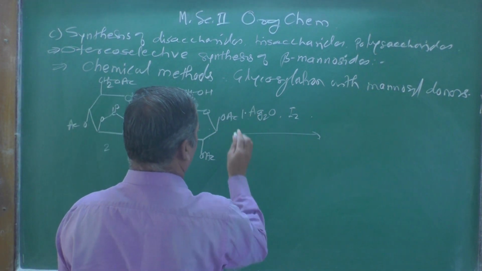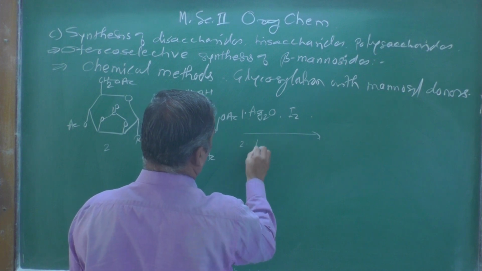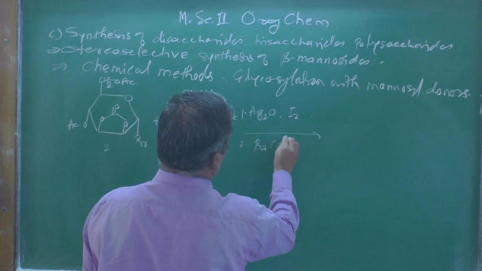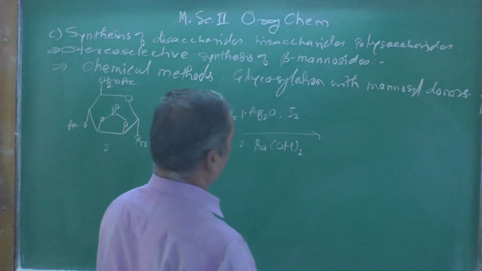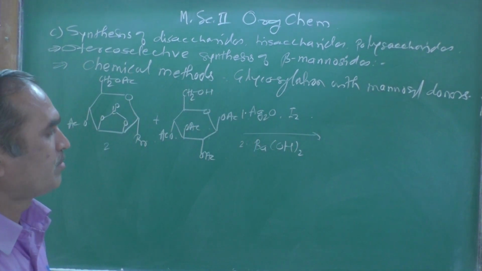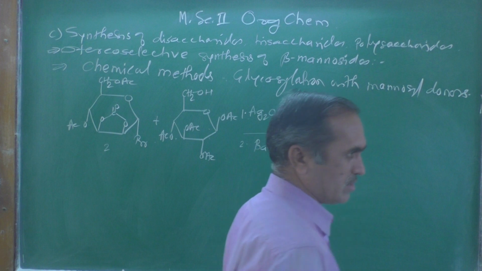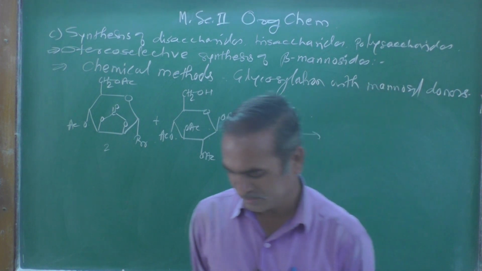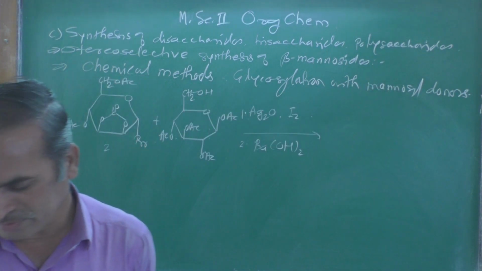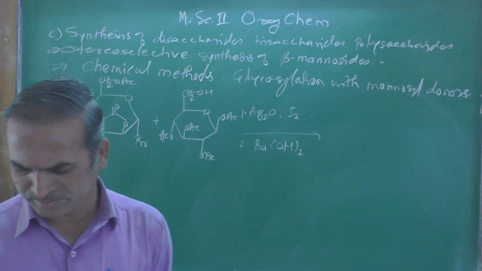This is the first reagent, and the second reagent added will be barium hydroxide. Barium hydroxide is a weak base here to carry out the hydrolysis.